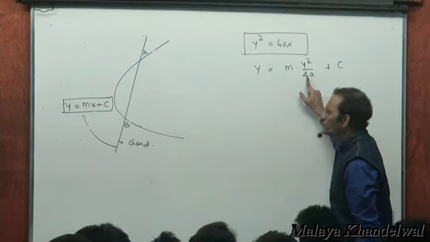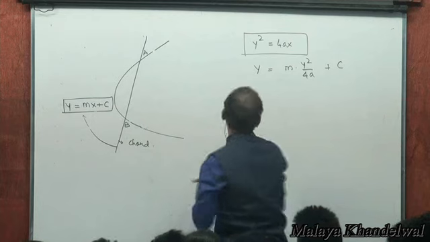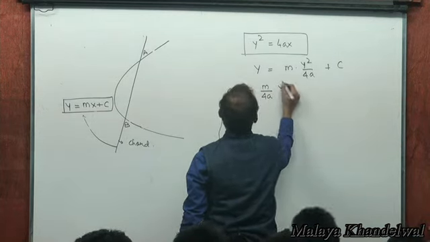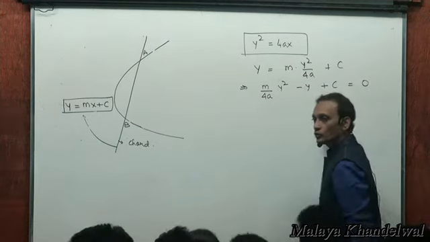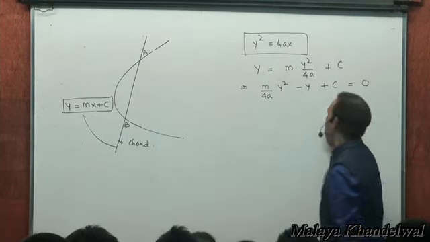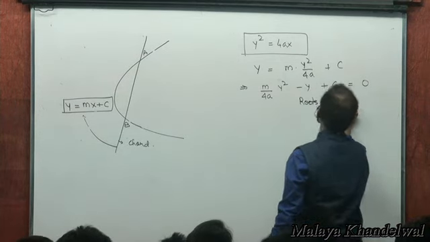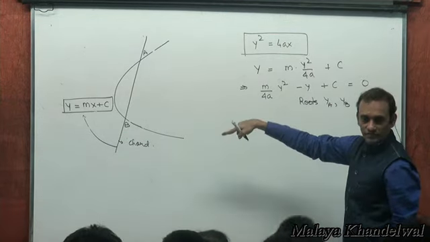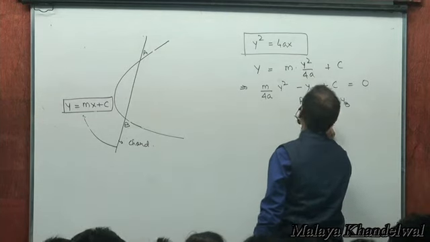So two values of y, one will be y of A, the other would be y of B. So m by 4a into y squared minus y plus c is 0. We'll have roots ya and yb, the y of that end and the y of this end.